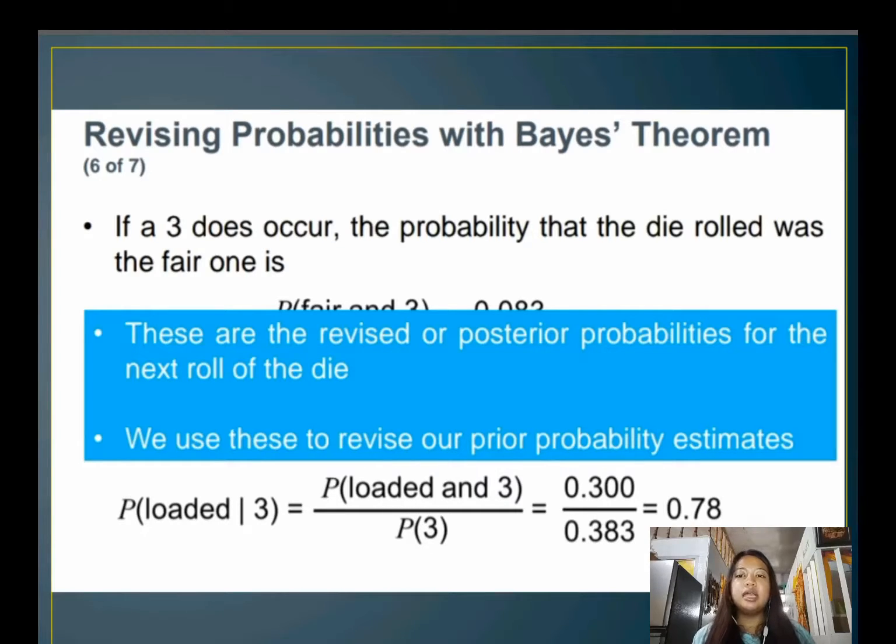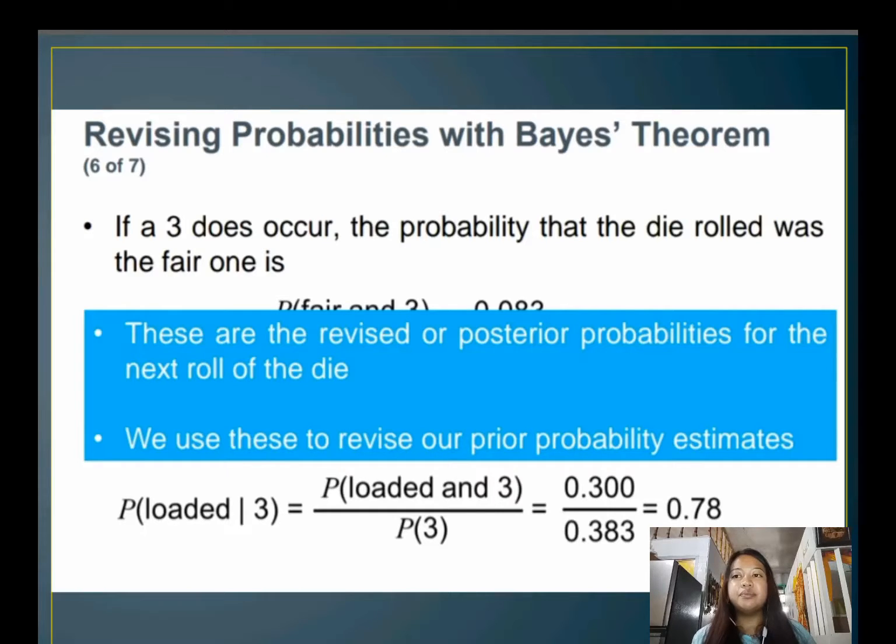This means that with the higher probability, the die rolled is the loaded one, the biased one.